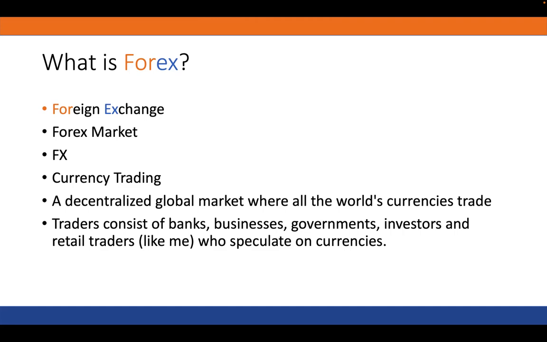Investors and retail traders are the group of people like myself who speculate on currencies and buy or sell with the hope of making profits from the transaction. That is the meaning of Forex. Buying and selling of currencies is the basis for Forex.